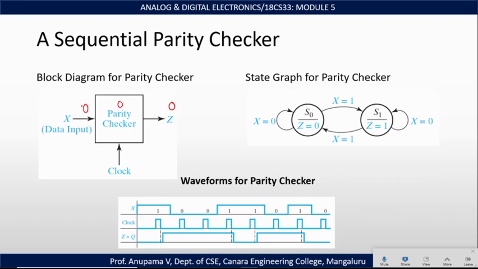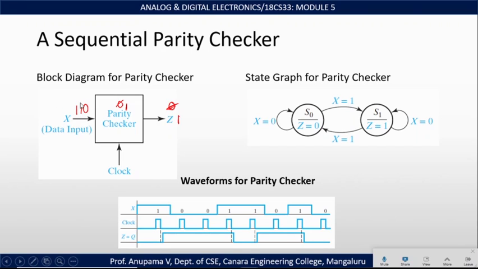Suppose after the zero, the next bit I add is 1. Now what is the parity of 1 0? The parity of 1 0 is 1, right? So the parity of the current number is 1. So the current output Z is 1. Suppose I add one more number.